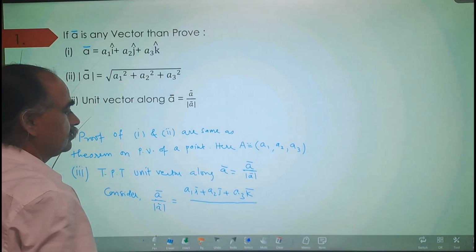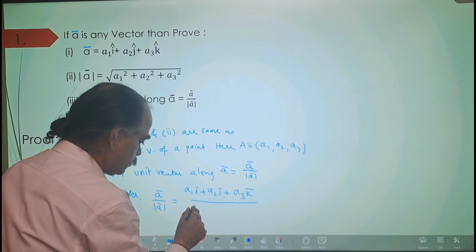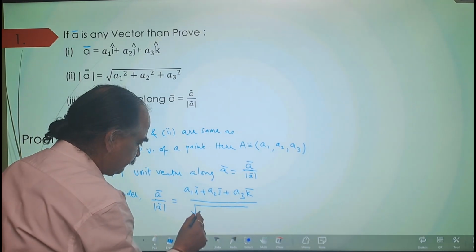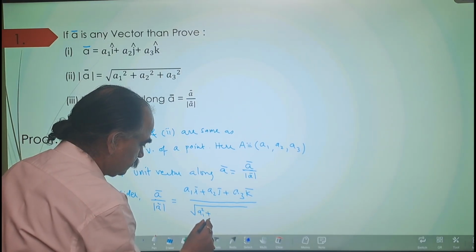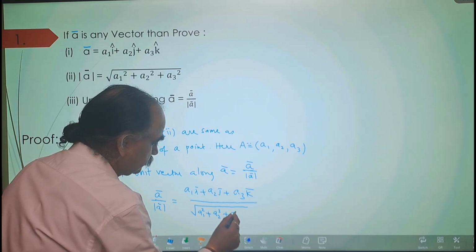Divided by mod A bar is what? Root A1 square plus A2 square plus A3 square.